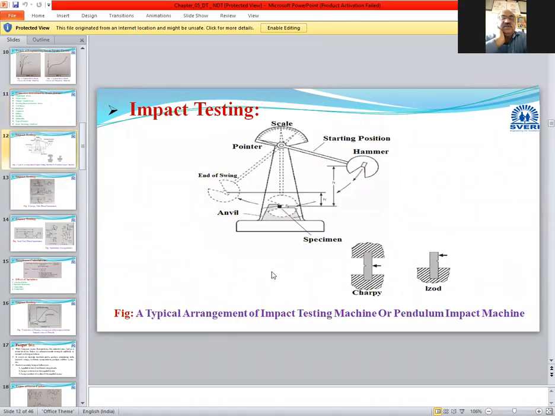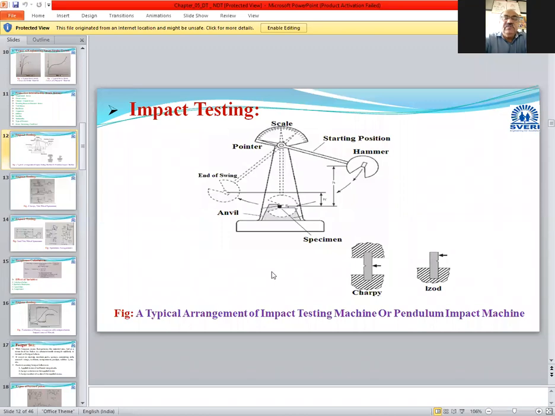So next test, that is the impact test. Impact test means how much energy that component will absorb. Normally in manufacturing processes, a lot of impact loading is there. For example, forging is there, impact loading is there, press tooling is there, impact loading is there.